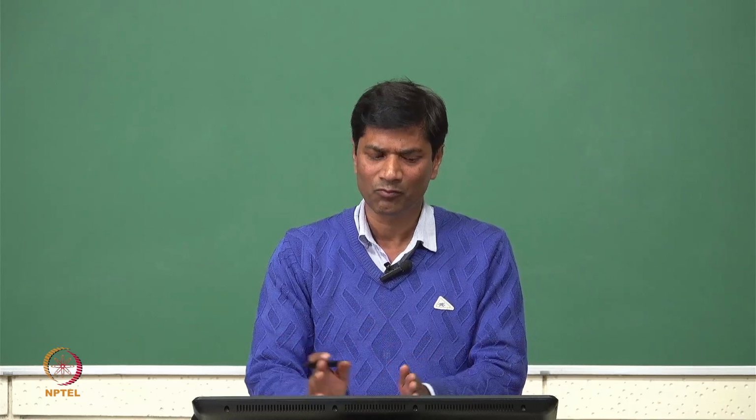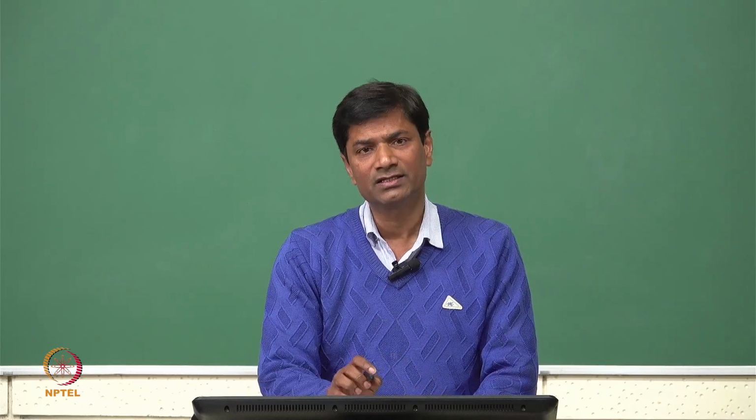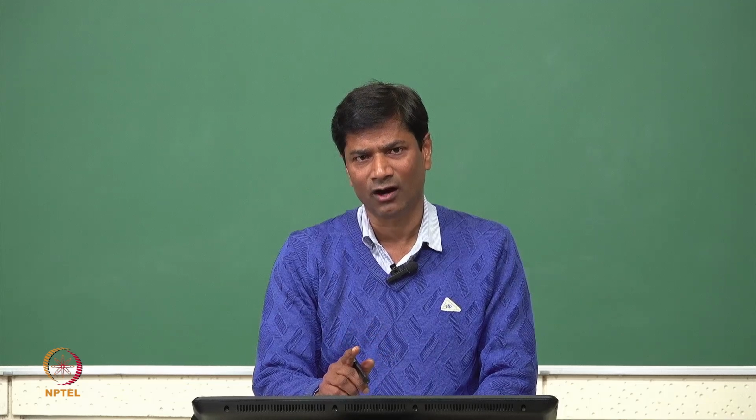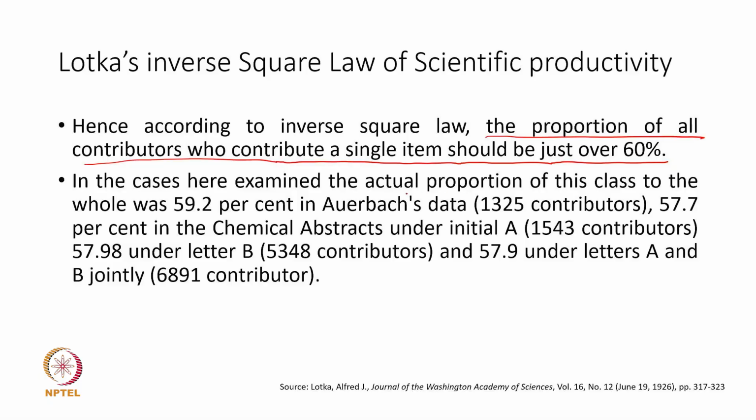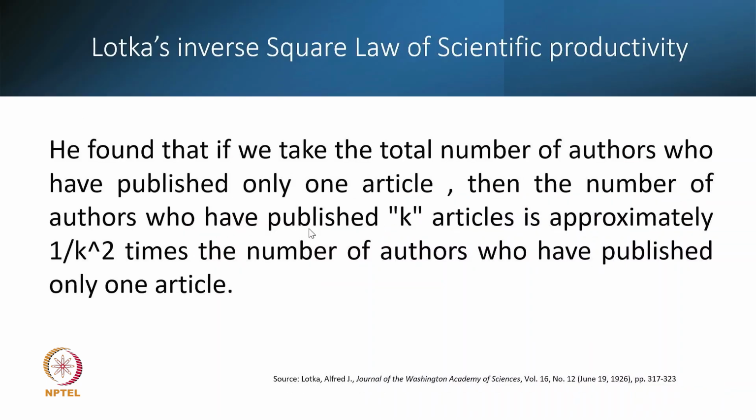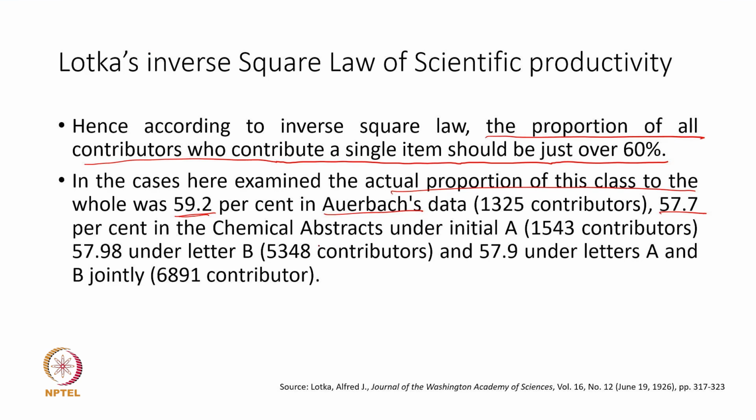That is what Lotka proposed here. In the case he examined, the Chemical Abstracts and Auerbach physics, the actual proportion of this class was 59.2% in Auerbach data and 57.7% in Chemical Abstracts data under initial letter A, 57.99% under initial letter B, and 57.9% under A and B jointly.